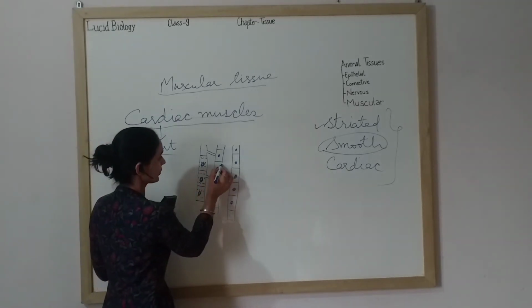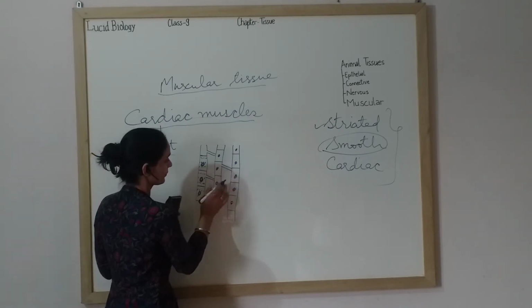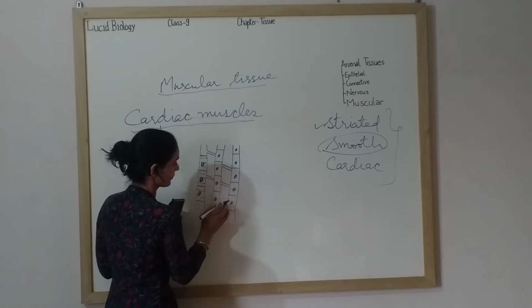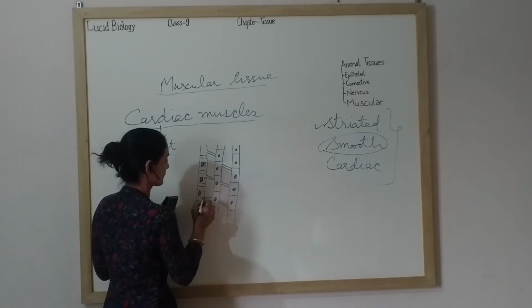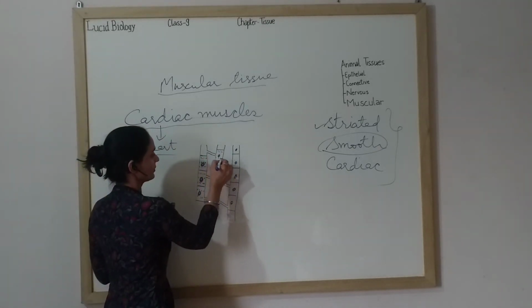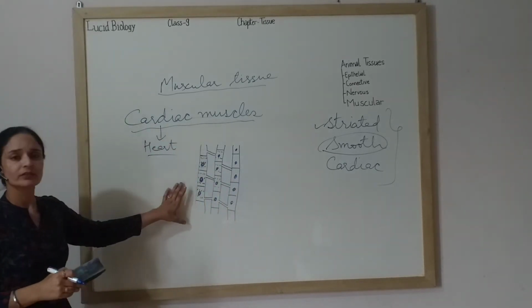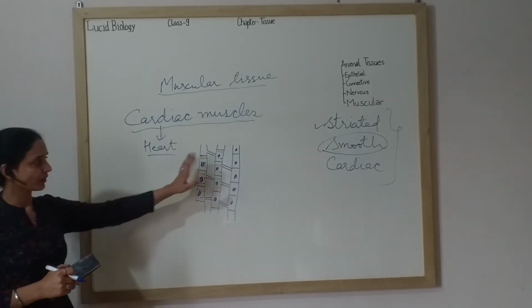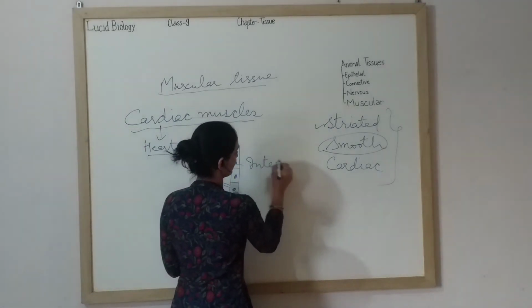Everywhere they show connection, and everywhere you see alternate light and dark bands. So, cardiac muscles show branches. They are connected with the help of intercalated discs.